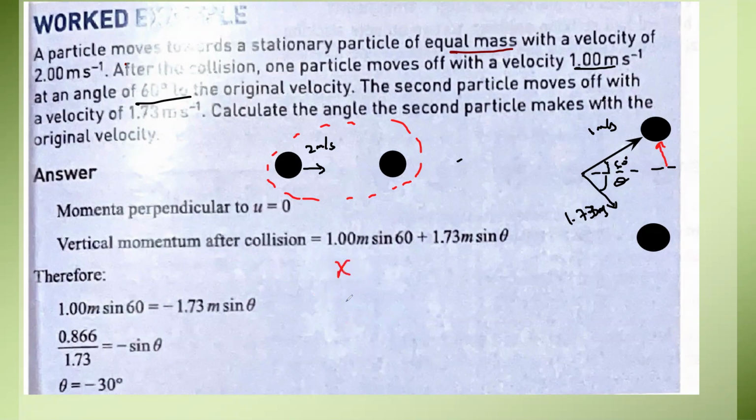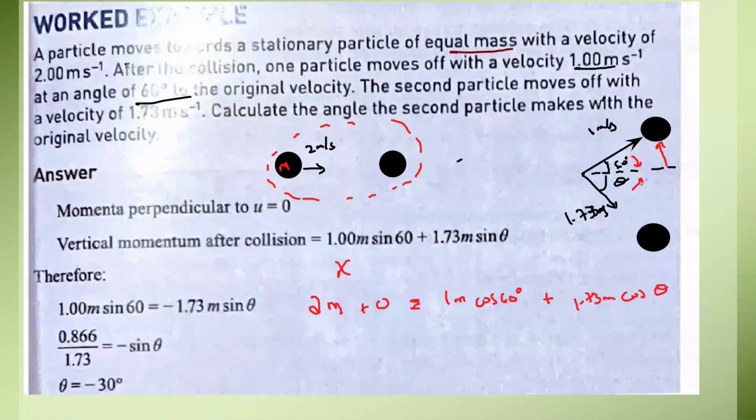When I take the x direction, what is the momentum before? It will be 2m before. This is 0 because it was stationary. What is the momentum after? The x direction momentum will be m into 1, or 1m, mass into velocity, times cosine 60, plus the momentum of this one, which is 1.73 m cosine theta, because this is the angle we want to find.